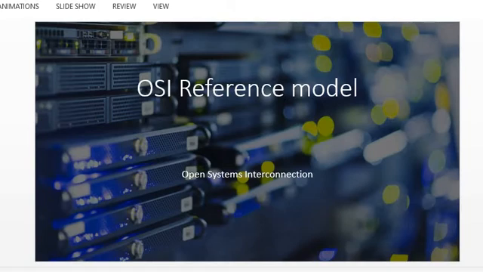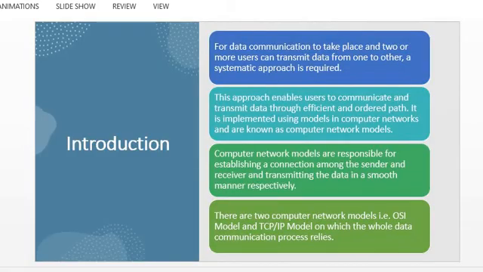And today we want to look at the OSI reference model. Remember, previously we talked about the importance of communication models in communication processes. And the OSI reference model is one of the dominant models of communication in computer networks.